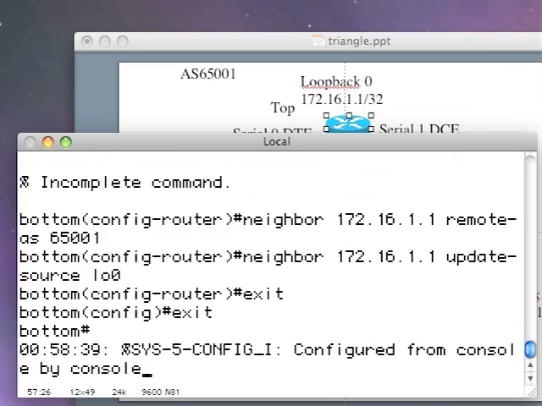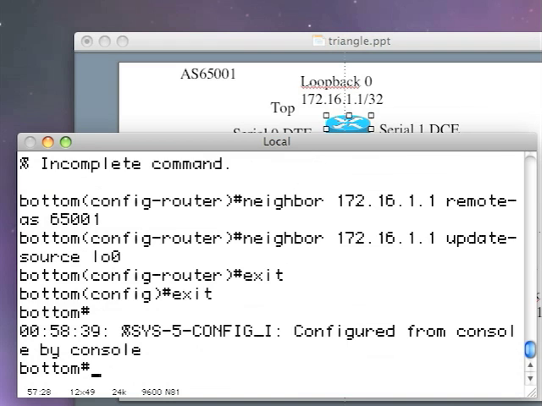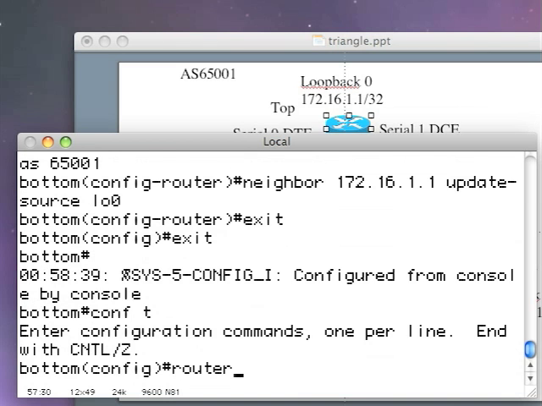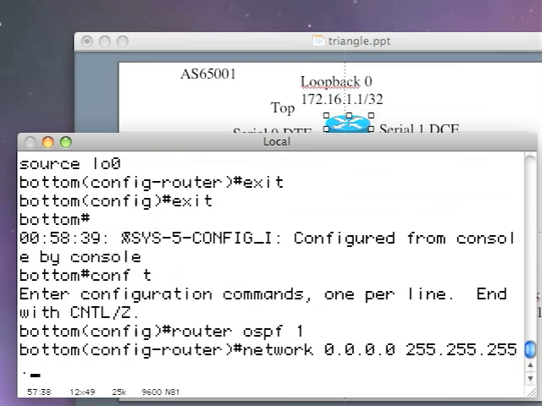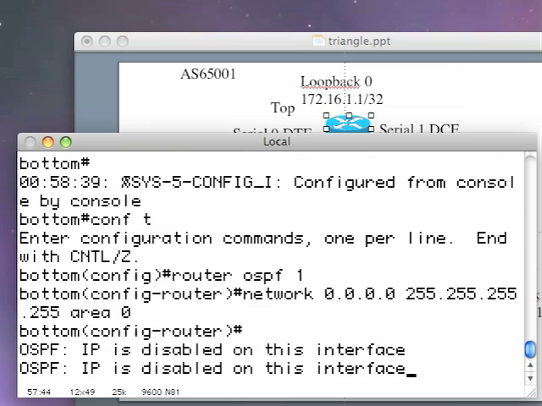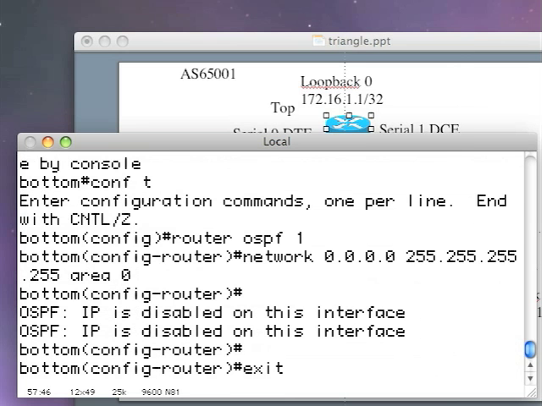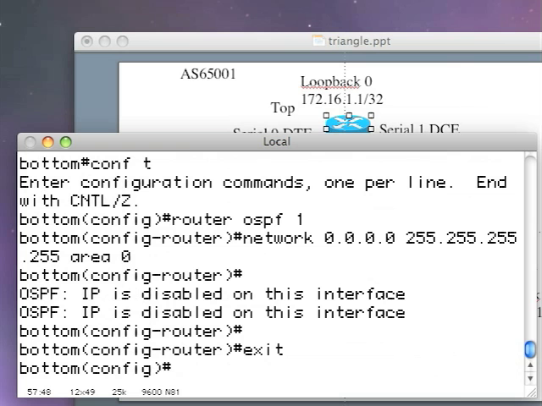Oh, and of course I need to configure OSPF here in order for this to work. So conf T, router OSPF 1, network 0.0.0.0 255.255.255.255 area 0. IP is disabled on this interface.